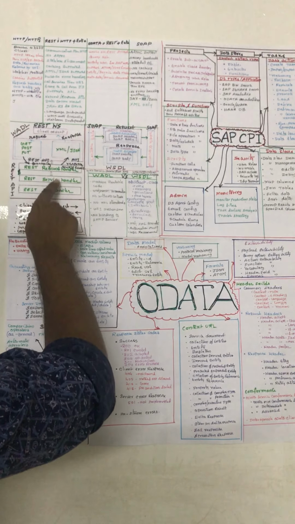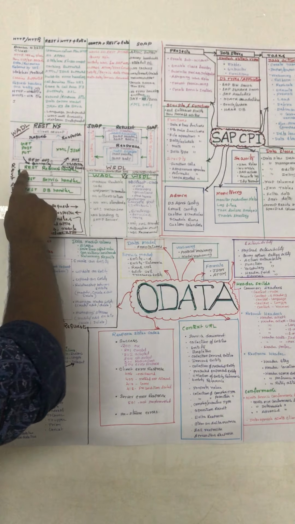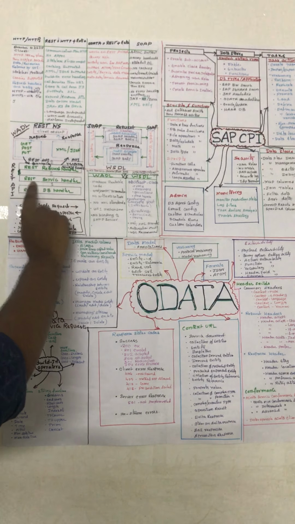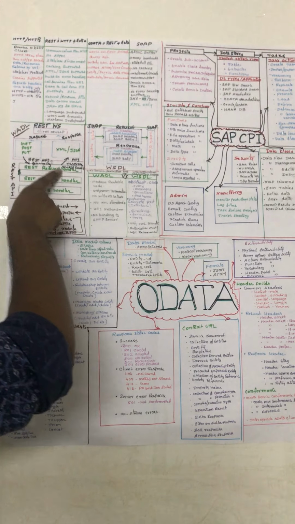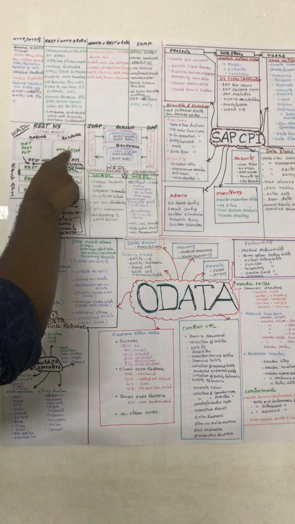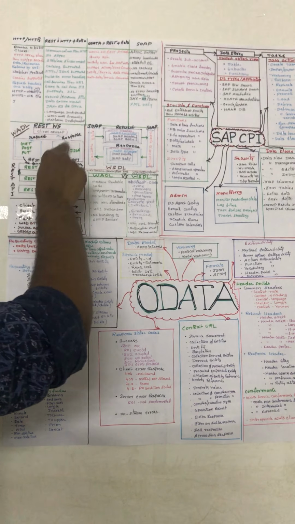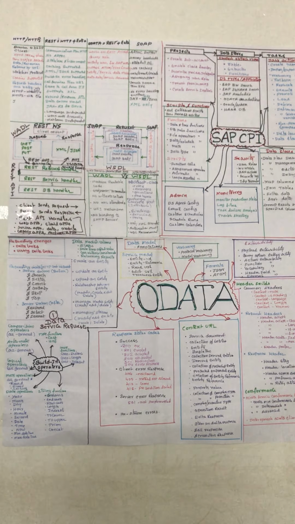After querying by all these handlers, the API starts responding. The query result will go in XML or JSON format. These are the supported formats in the REST framework.